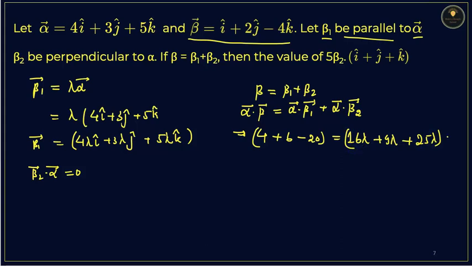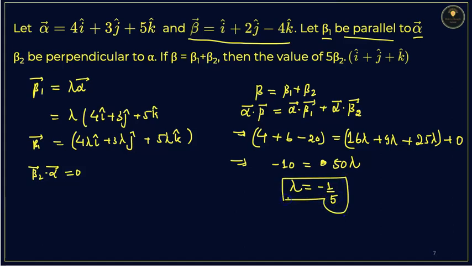And here you will get the value equal to 0. From both sides, we will get 4 plus 6, 10, 10 minus 20, that is equal to minus 10. And this value will be equal to 50 lambda. So the value of lambda that you will get is equal to minus 1 by 5.